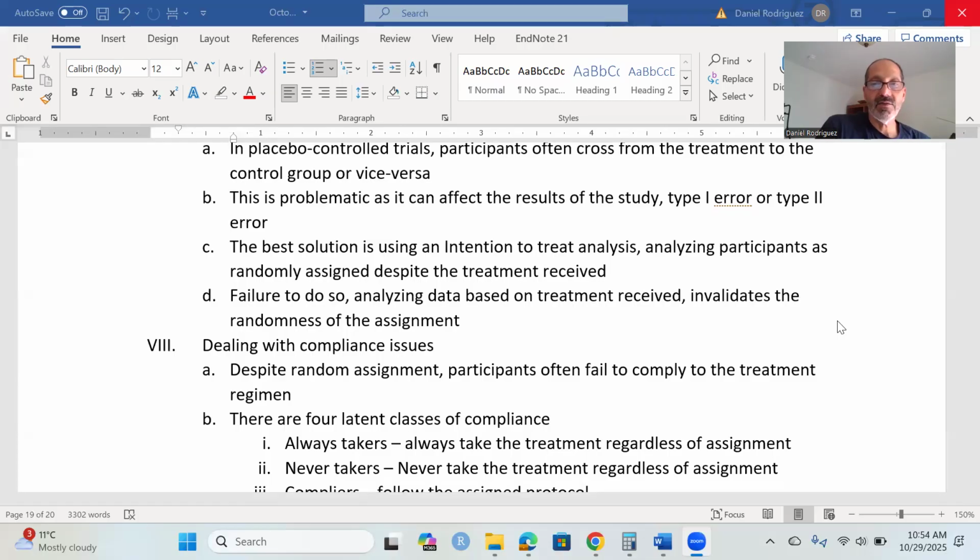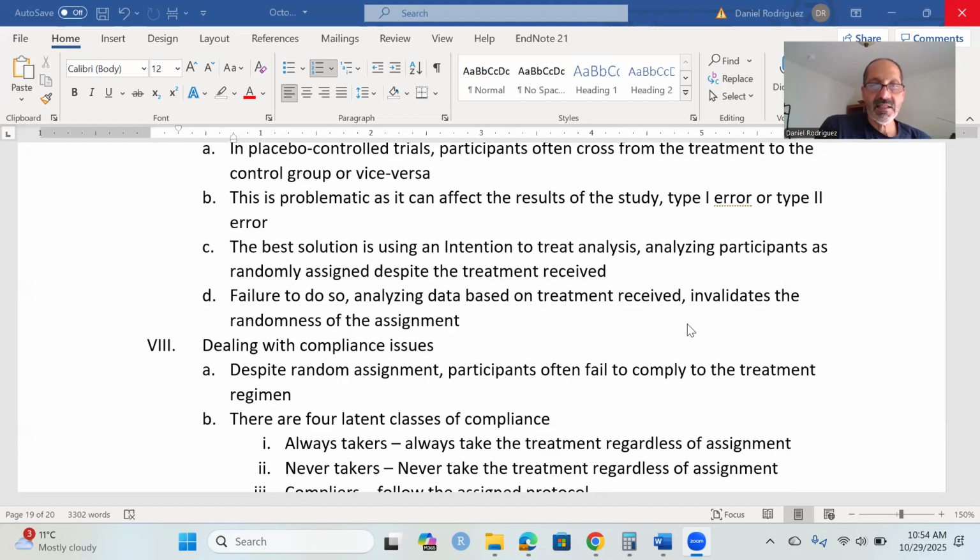So somebody who was in the control group, even if they go into the treatment group, they'll still be treated as being in the control group, right? So what that would mean is if they have a positive effect of the treatment, that'll shrink the difference in the statistical test between the control and the experimental group, so make it less likely to reject the null.